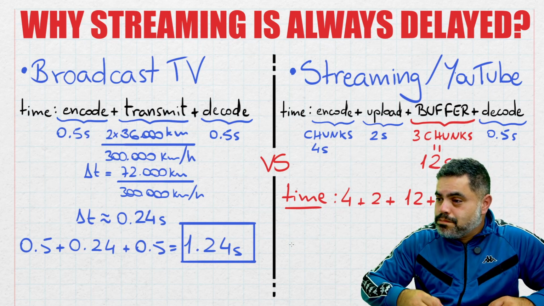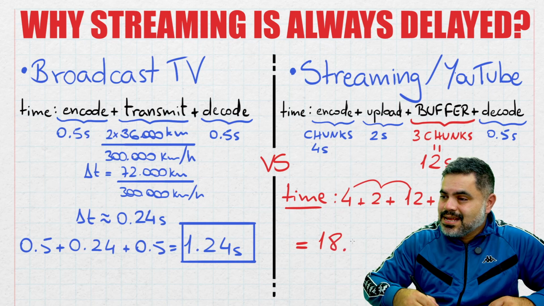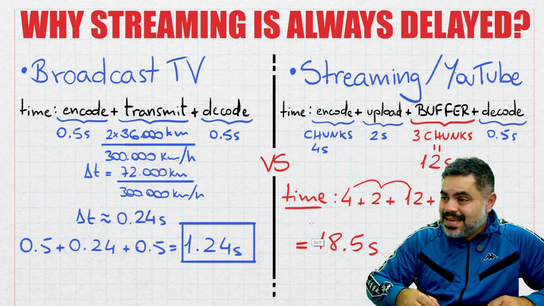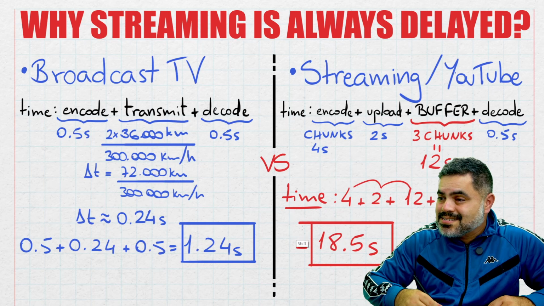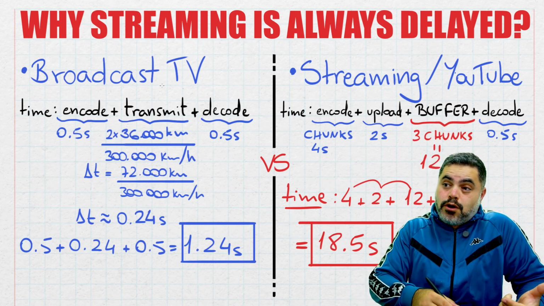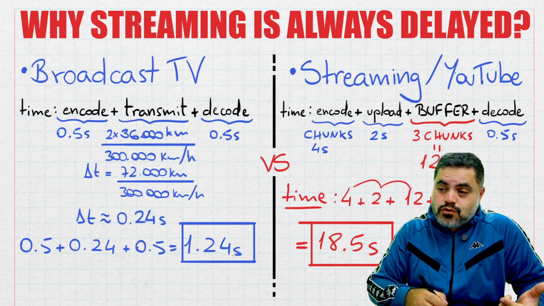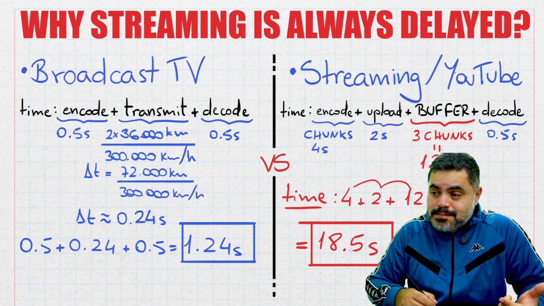And this is going to be incredibly 18.5 seconds of delay. 18.5, almost 20 seconds later in comparison with the television. On broadcast television, 1.24. And on streaming, 18.5 seconds.